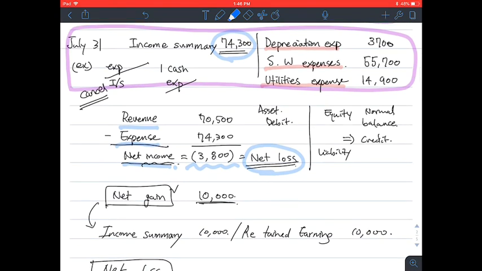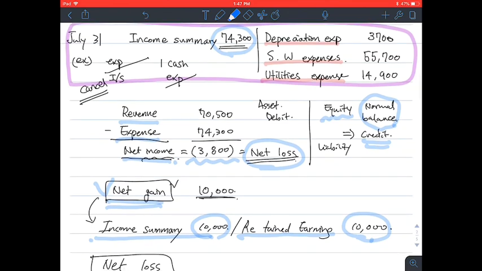If there is a net gain, we should increase our retained earnings, and we should debit income summary by the same amount. The normal balance for retained earnings is on the credit side, so if we credit retained earnings, it will increase our retained earnings.